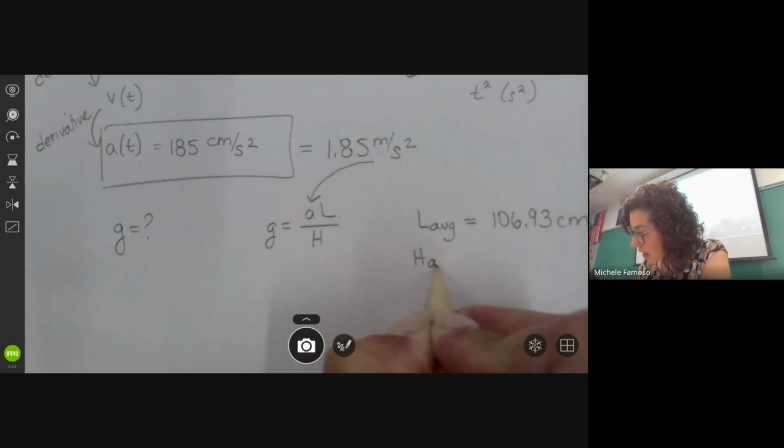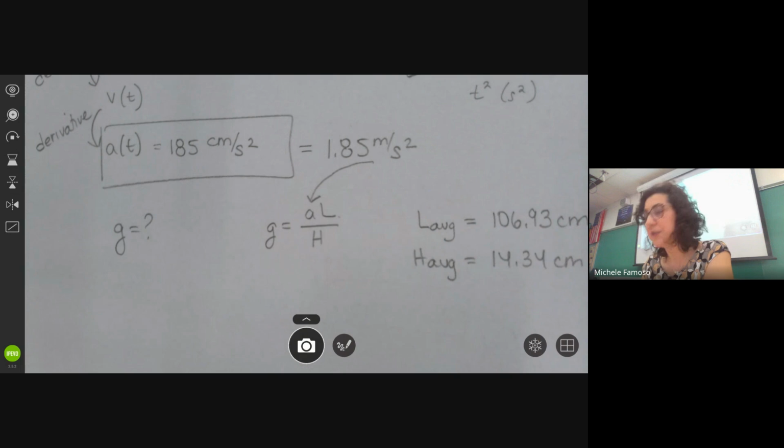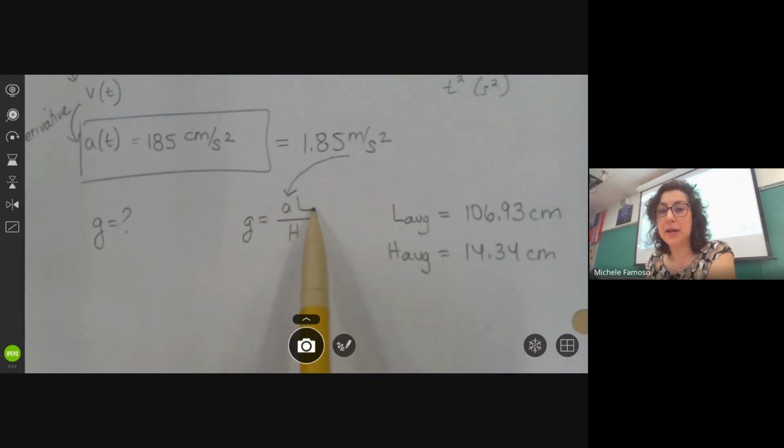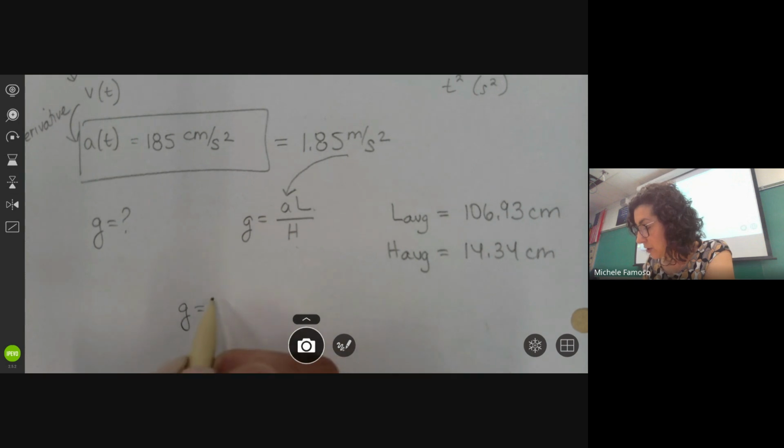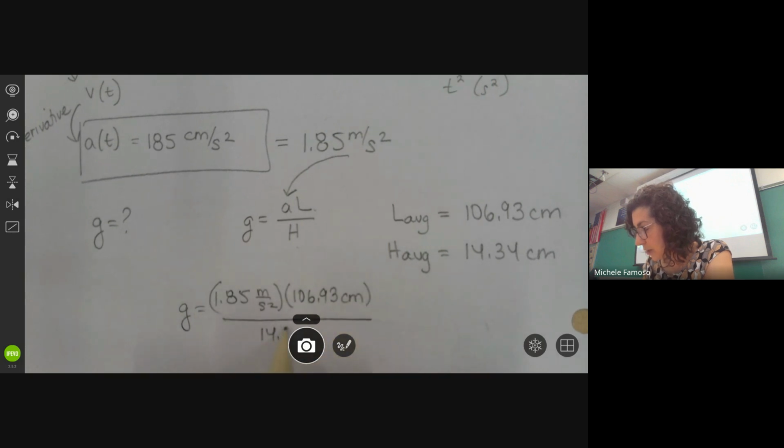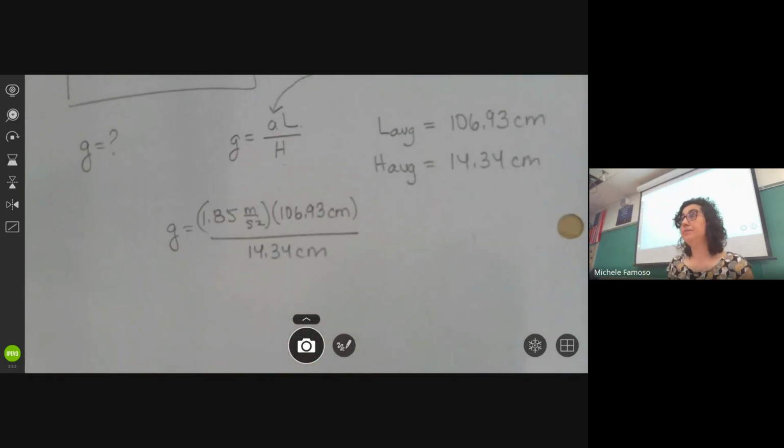And what was your average height? 14.34. All right. You're going to leave those in centimeters because as soon as I plug in centimeters here and centimeters here, what happens to the centimeters? They cancel out. So all this group has to do is take the 1.85 meters per second squared, multiply by 106.93 centimeters, and then divide by 14.34 centimeters to determine what their value of g is.